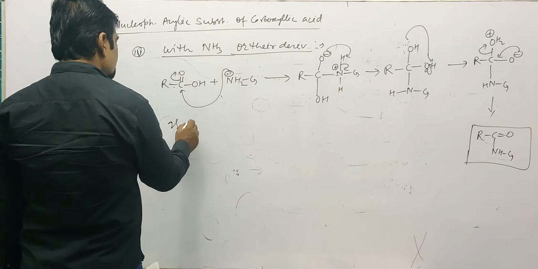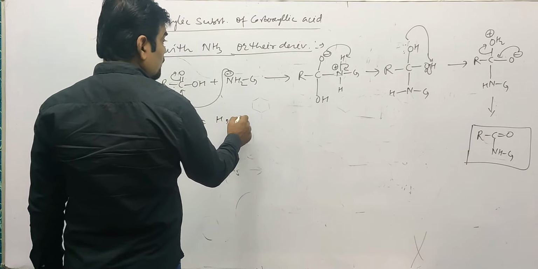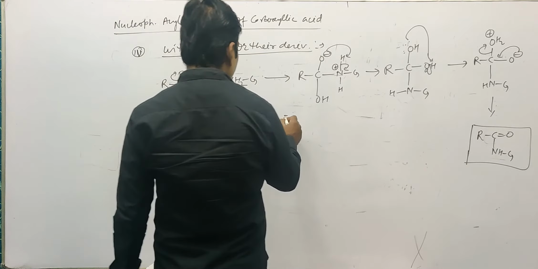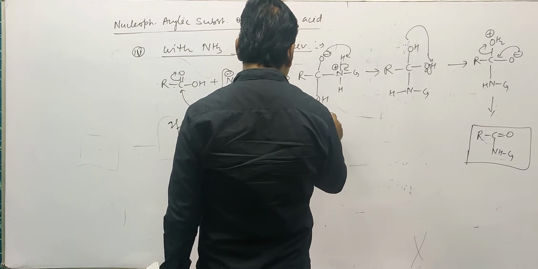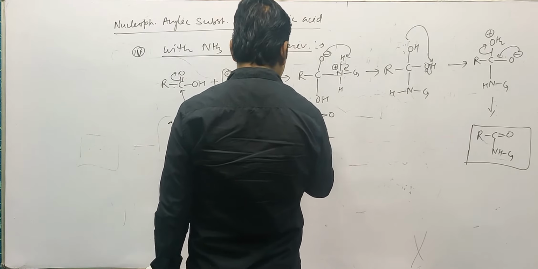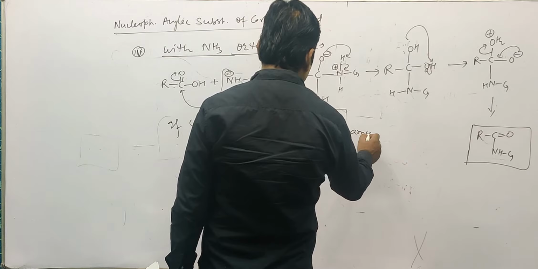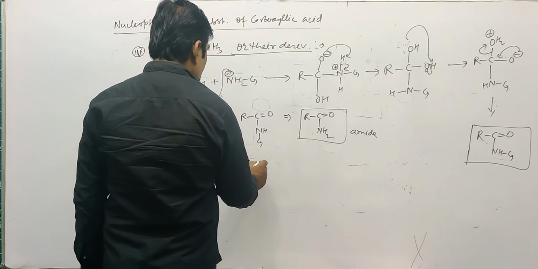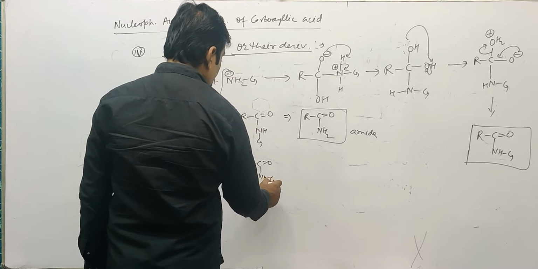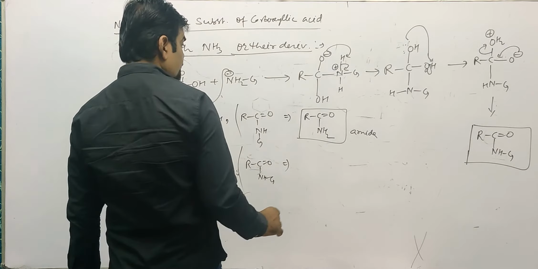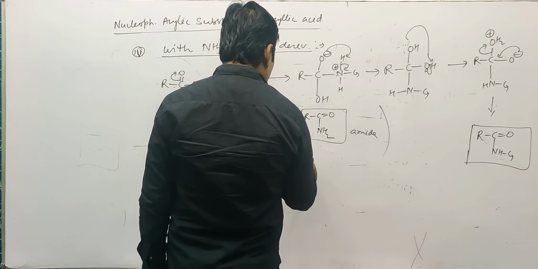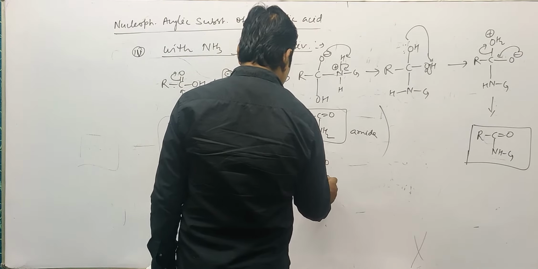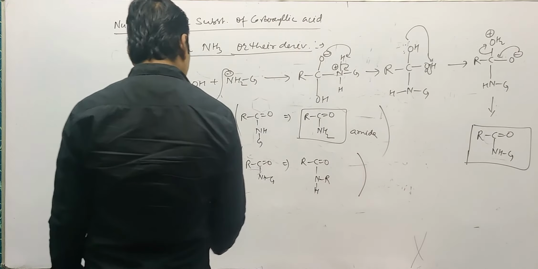If G is again hydrogen, then RC double bond O NHG will become RC double bond O NH2. That is what? This is an amide. If G is an alkyl group, RC double bond O NHG will become RC double bond O NHR. That is an N-substituted amide.